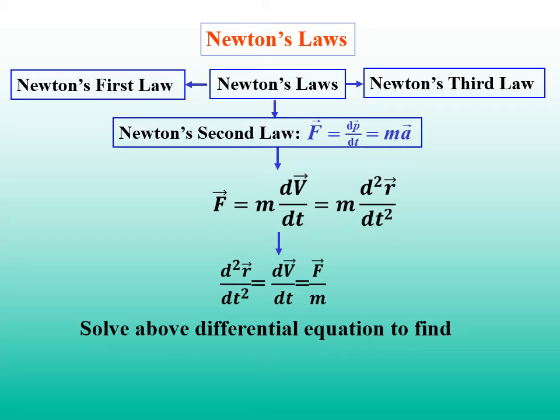So, F equals to m dv/dt equals to mass m multiplied by the second derivative of r with respect to time t. So, you solve above differential equation, you find the position vector r as a function of time t.